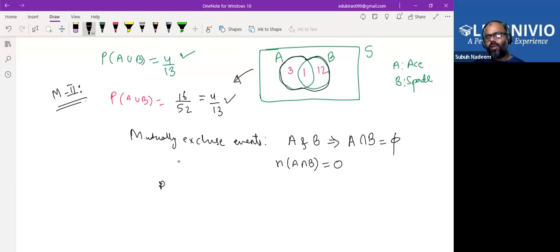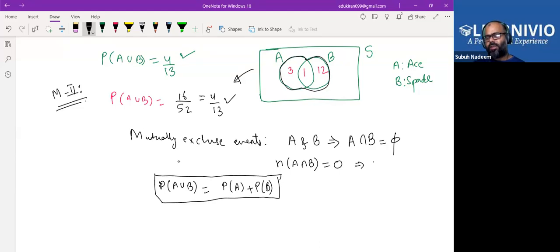And if you want to find the probability of A union B in such a case, it will be P(A) plus P(B) only. There is no P(A intersection B), because it will be 0, as the number of elements in A intersection B is 0. Yes, sir.